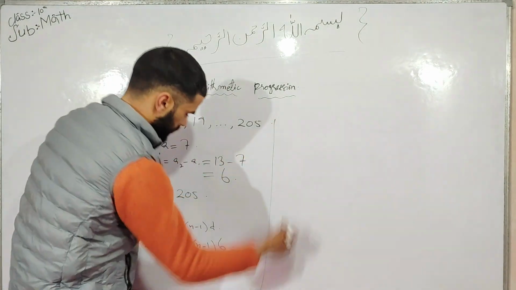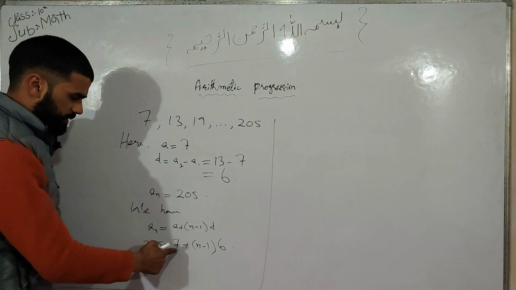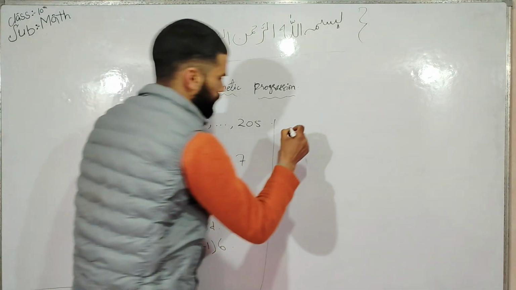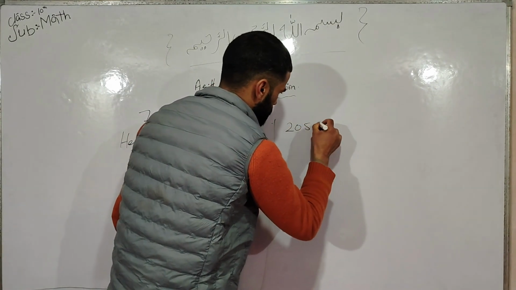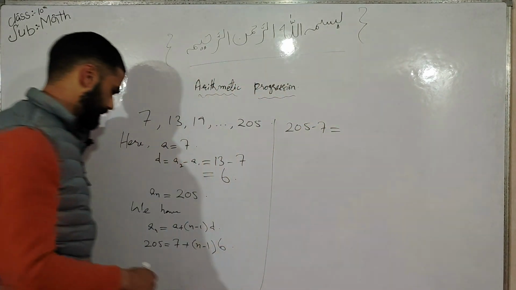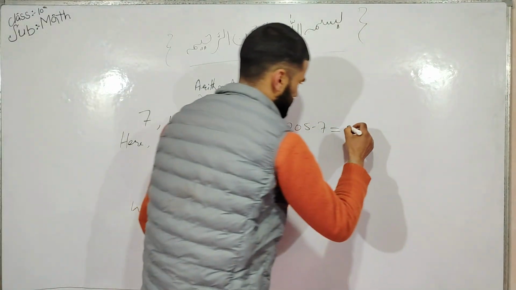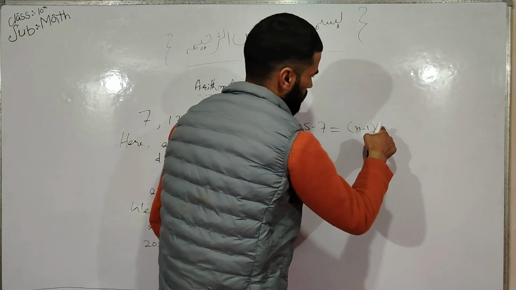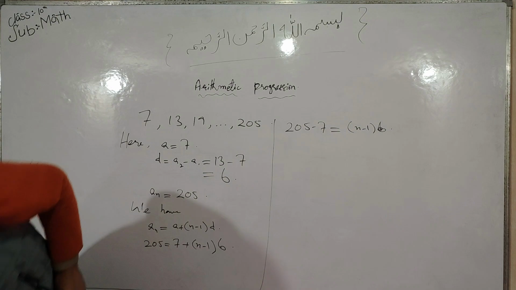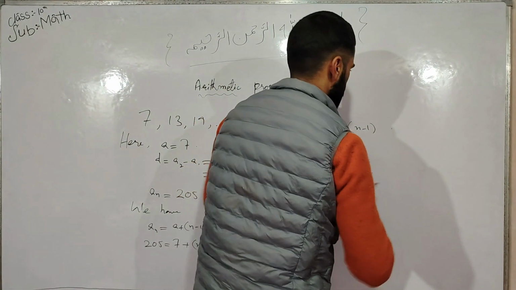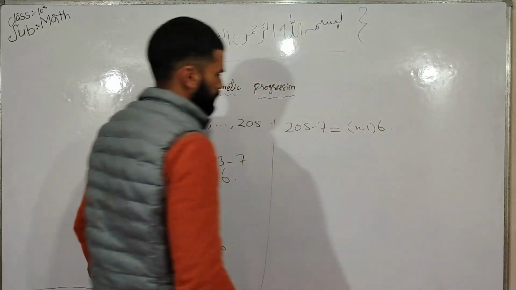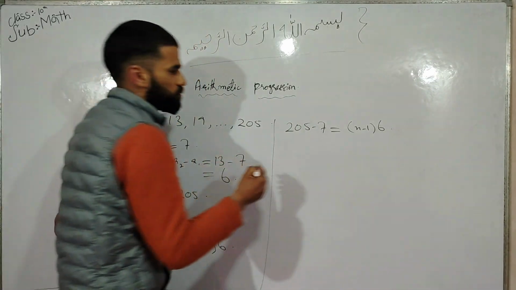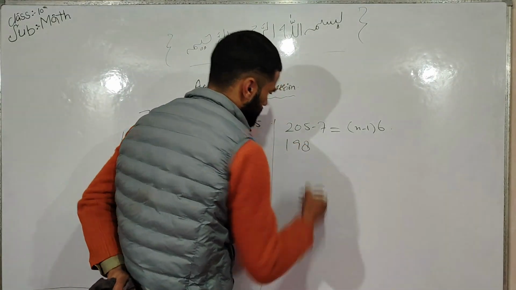So let me do this here. This 7, we take this 7 to LHS. So this will be 205 minus 7, and this is equal to n minus 1 into 6. So 205 minus 7 is 198.